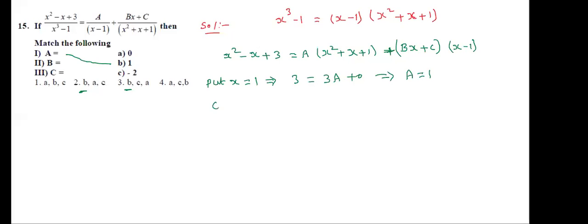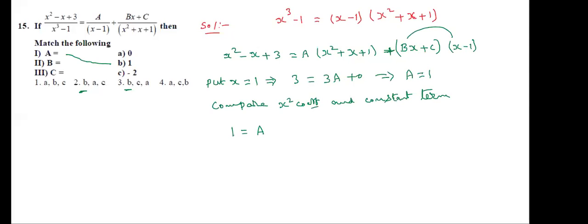How do we get the b value? Compare x square coefficients and constant term. Now observe that x square coefficient on the left hand side is 1, but on the right hand side a.